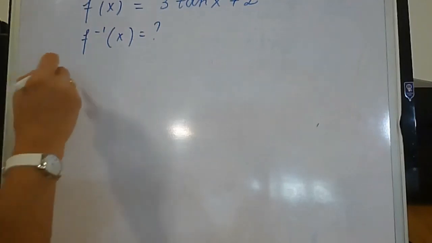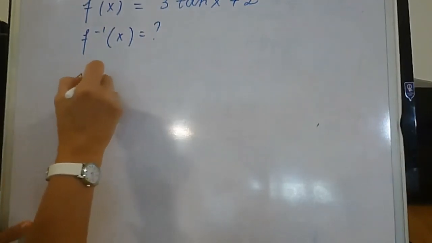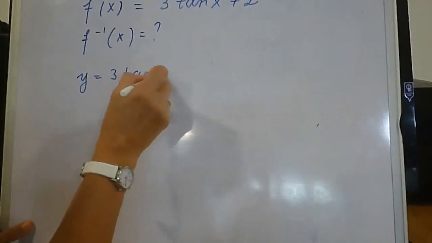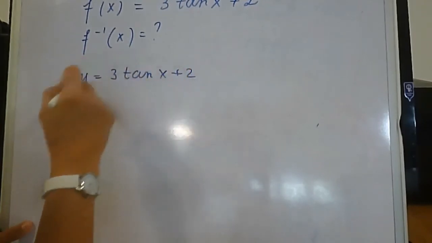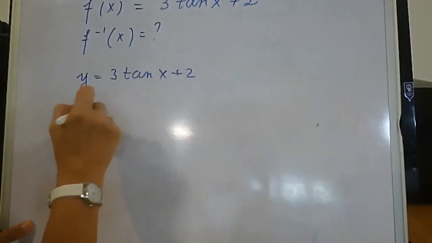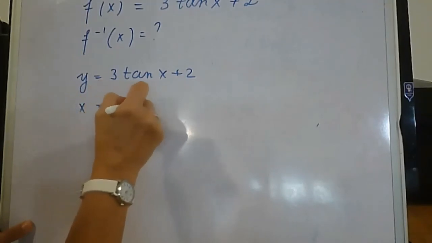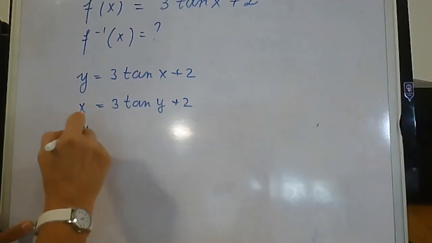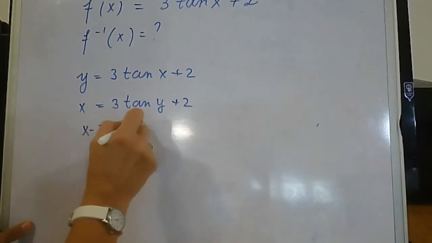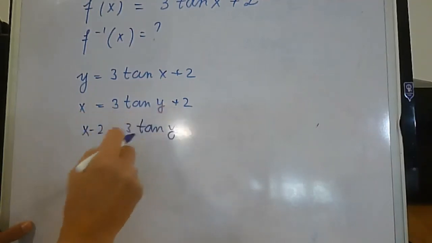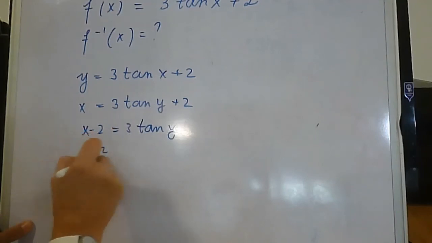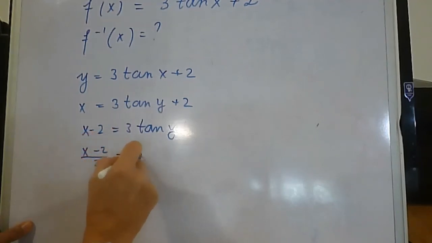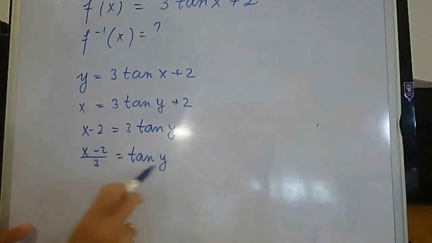Okay, so I'm going to write down y equals 3 tangent of x plus 2, and then exchange x and y as x equals 3 tangent of y plus 2, and now I'm solving for y. So it's x minus 2 equals 3 tangent of y, x minus 2 over 3 equals tangent of y, and the last step to get just y without tangent is to take tangent inverse on both sides.